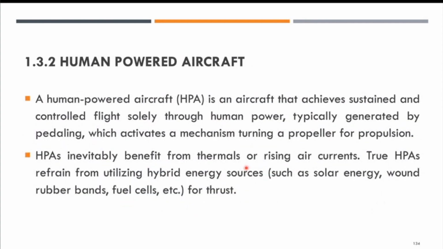And human powered aircraft is known as a HPA, which is an aircraft that achieves, sustain, and control flight solely through human power, meaning that you yourself can design it and try to fly the aircraft. But it is called human power, meaning that you have to propel the aircraft.